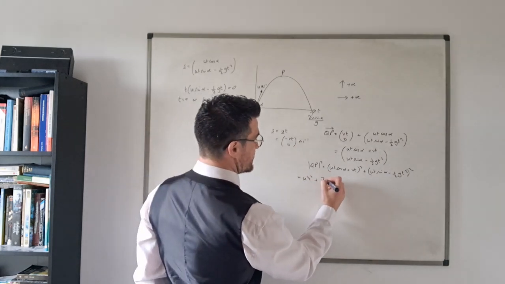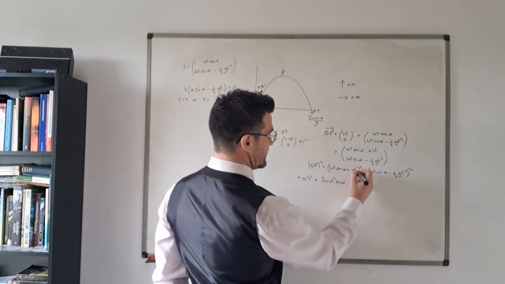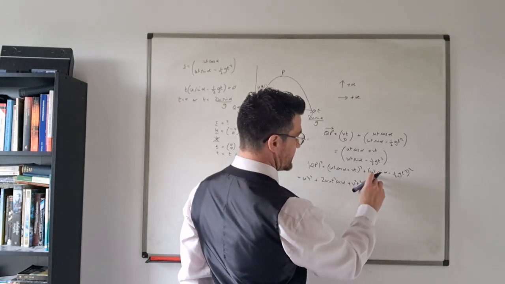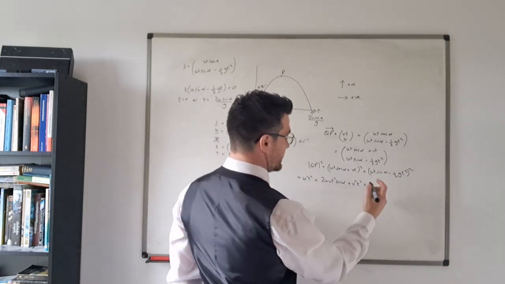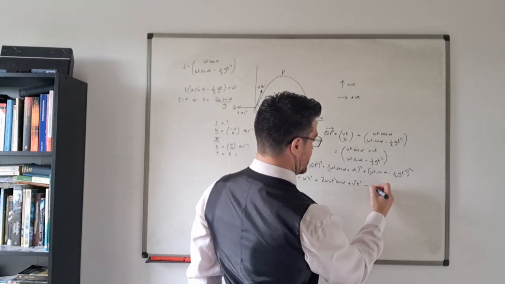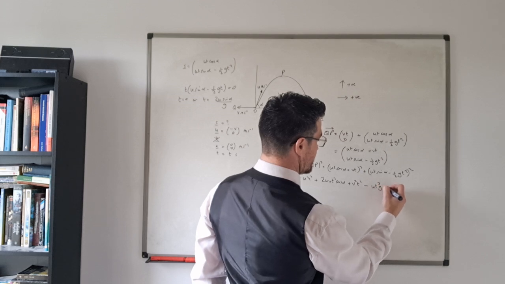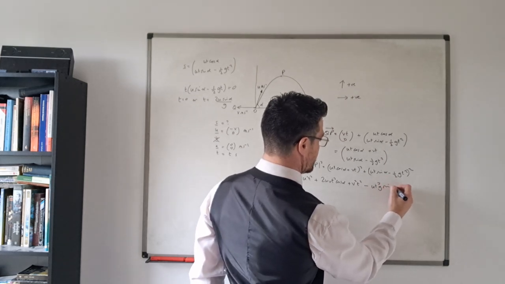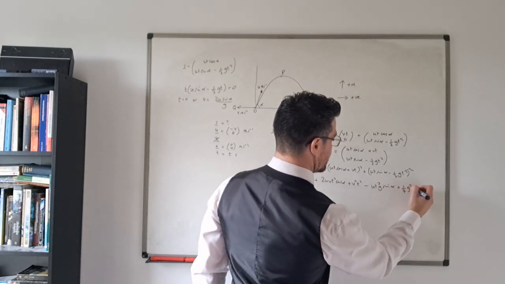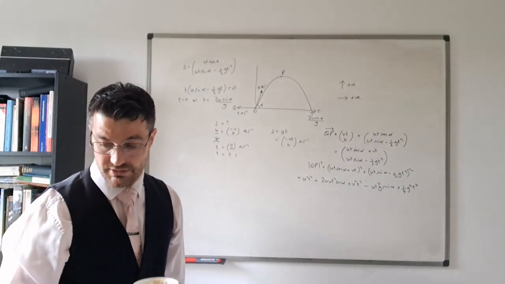Plus 2uvt squared cos alpha, plus v squared t squared, plus, I've already dealt with the u squared t squared sine squared alpha, minus ut cubed times g sine alpha, plus a quarter g squared t to the fourth. Okay, time for a little break.